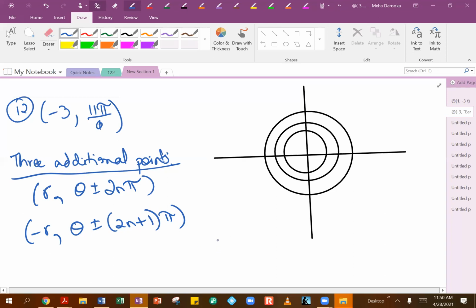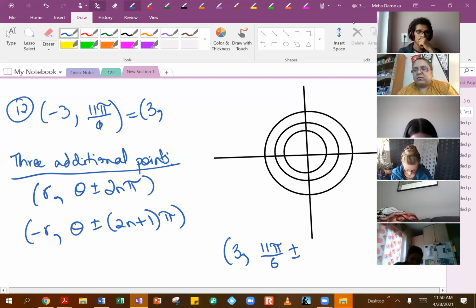So if we did this as +3, then you would be using one of the first ones. So 11 pi over 6, what would you add or subtract to try and find its equivalent angle over here?